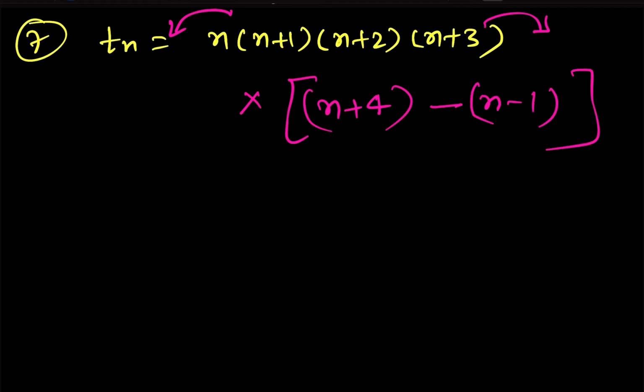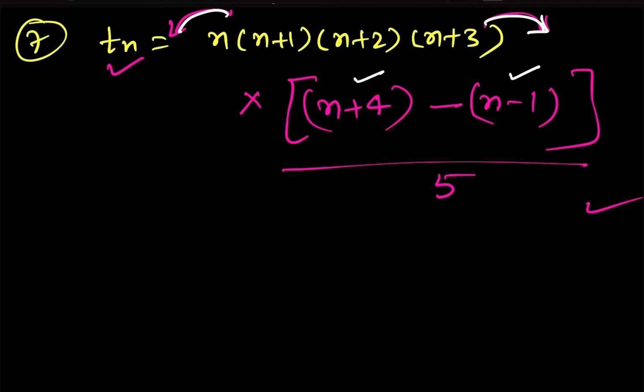I hope you are getting to understand this. If you do this, you get a 5 here. So you have to make sure that if you divide by 5, it will be equal to 1, and multiplying this won't be giving a problem. So if you multiply the nth term with this factor, this is the term after n plus 3, and this is the term before n.